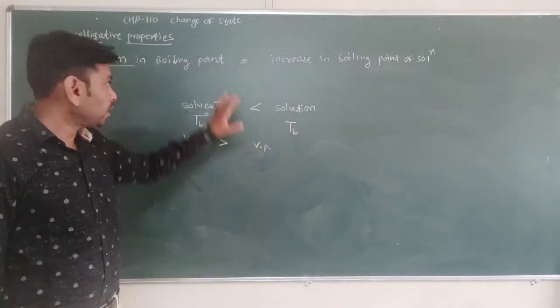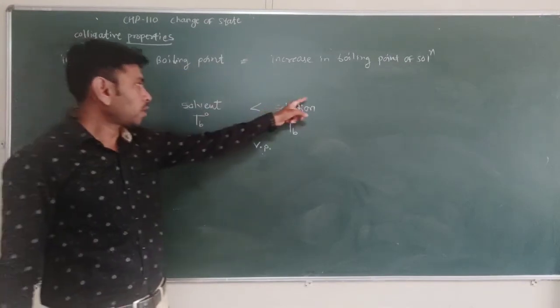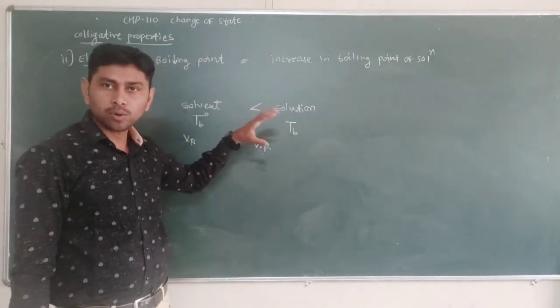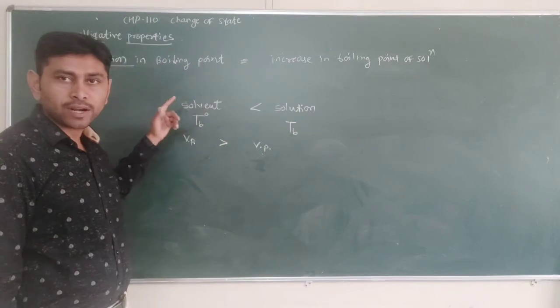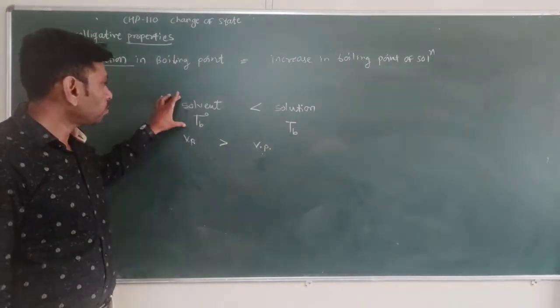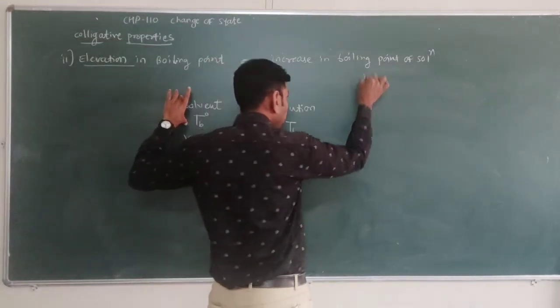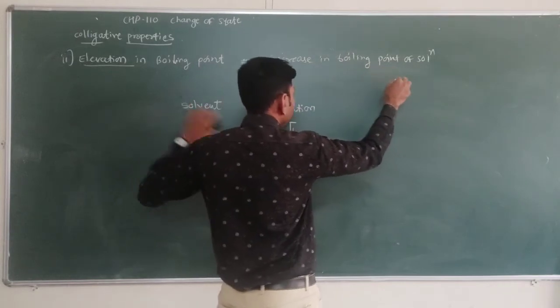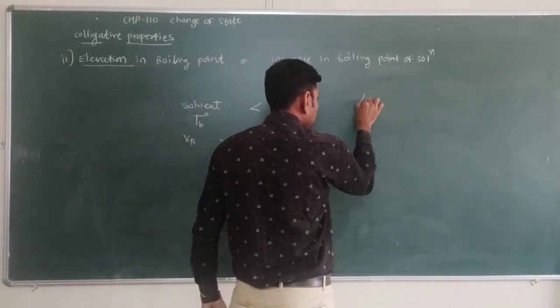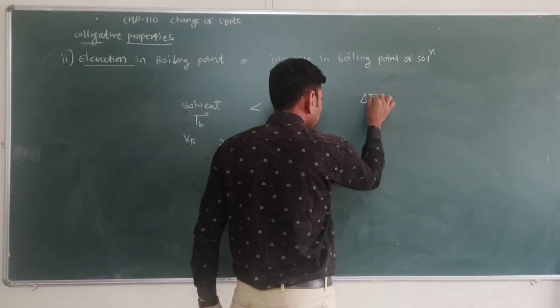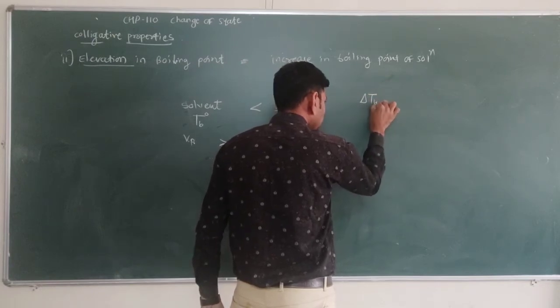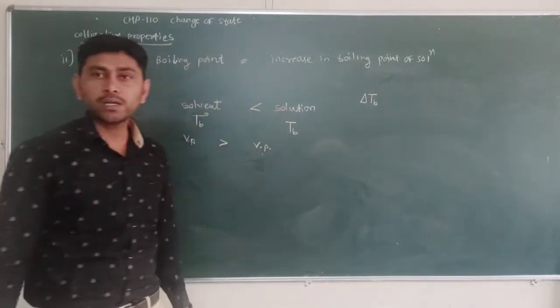So the elevation in boiling point is the amount by which the boiling point of the solution increases after addition of solute to the solvent. Boiling point elevation is denoted by the symbol delta TB.